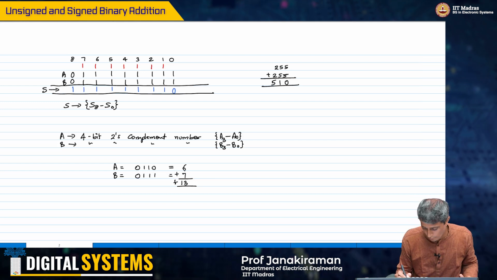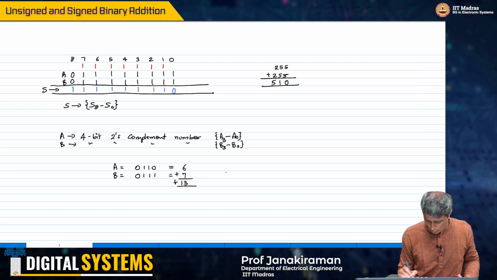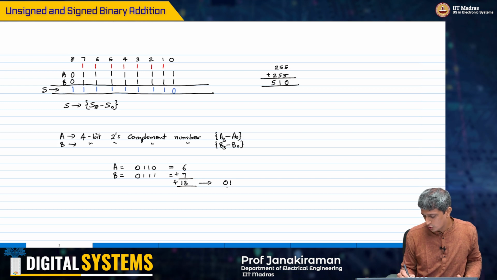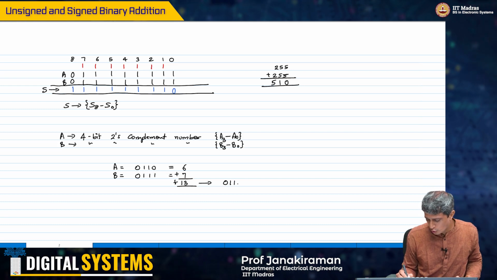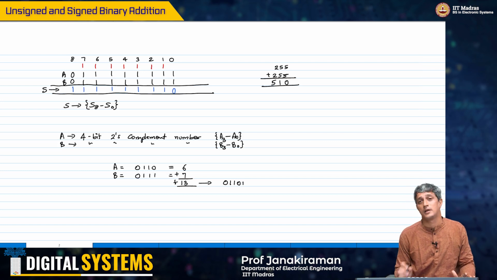Let's be very careful about this. It is plus 13, and therefore I need my answer, with weights minus 2 power 4, 2 power 3, 2 power 2, 2 power 1, 2 power 0. This should be the actual answer that we get eventually.